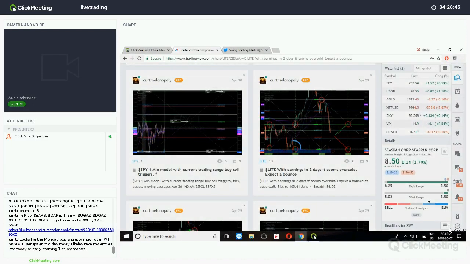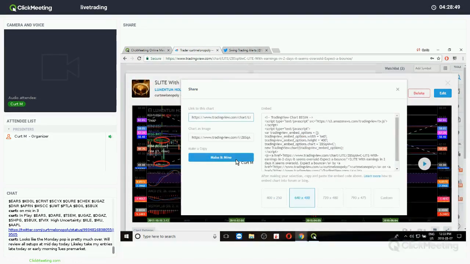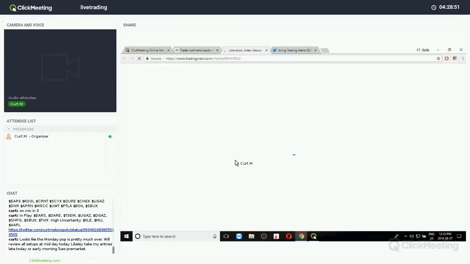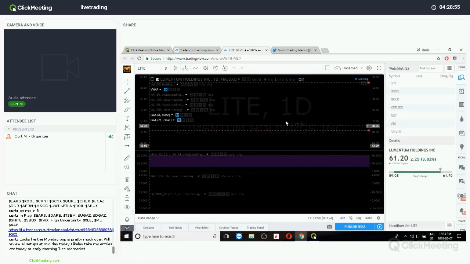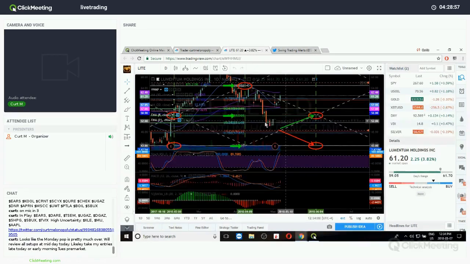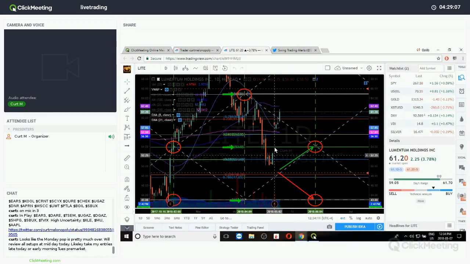LITE. So this is not an actual play I'm in, it's something on watch. So I put out that alert down in here that I said, it seems oversold. It's up 3.82% today. It's getting close to its mid quad resistance at 53.90. No, I'm sorry, it gapped.